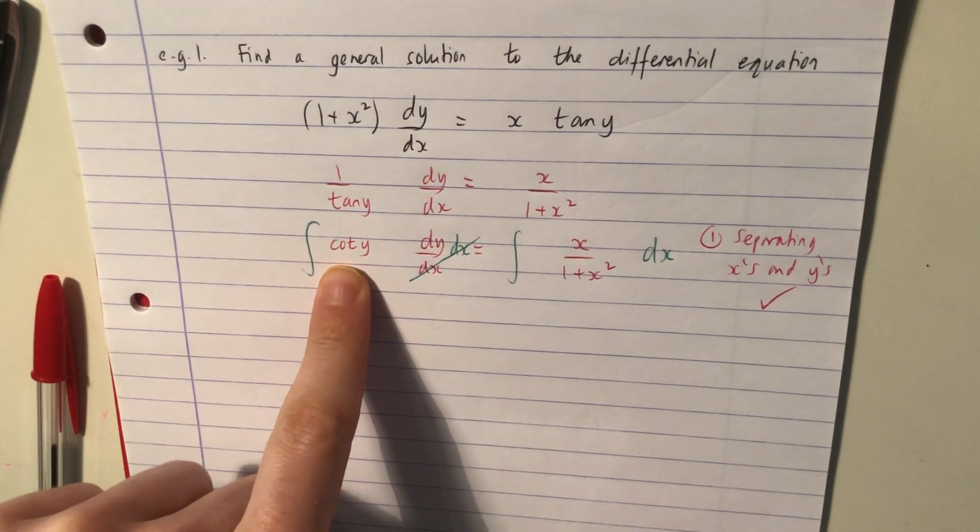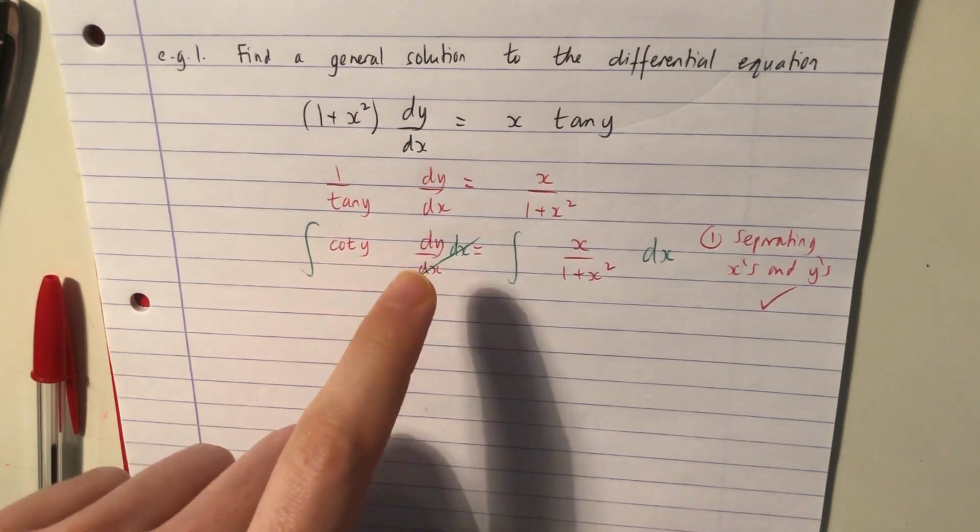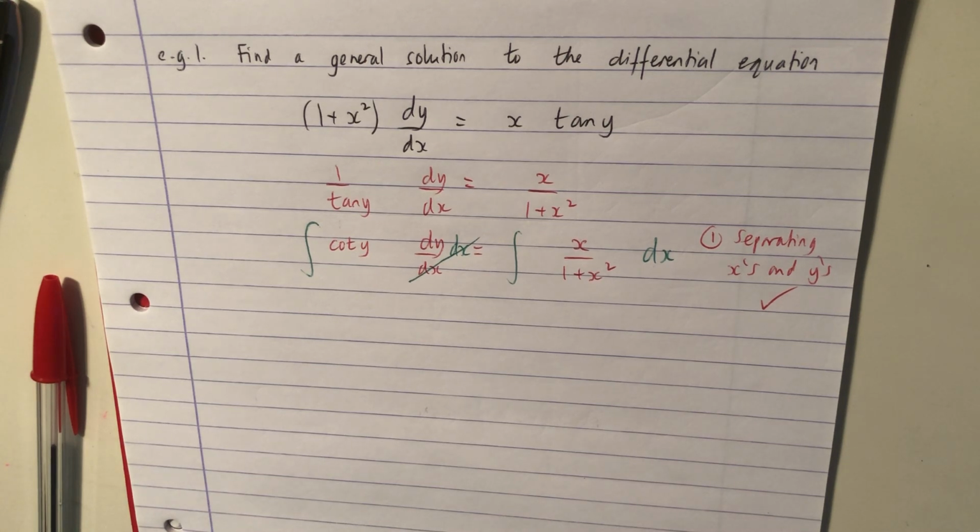Cot y. Any ideas on what cot y integrates to with respect to y? Now this is one of the, I believe one of the standard ones you need to know. I think, or at least it's given in the formula booklet. So I'm just going to check to see in the formula booklet what this is equal to.